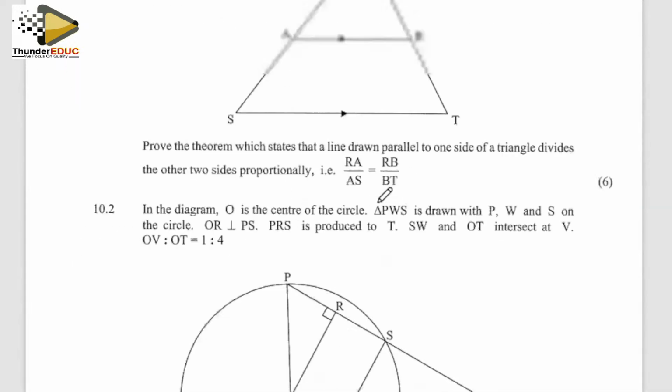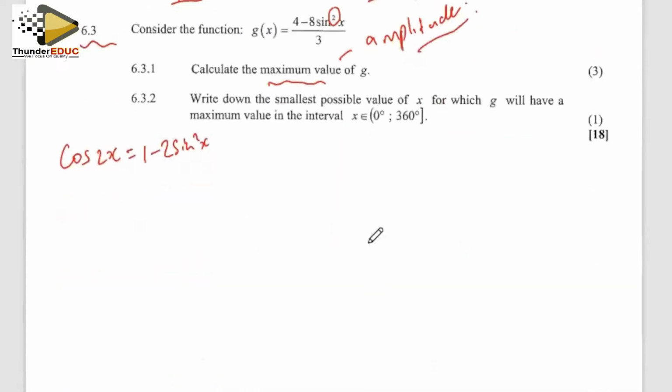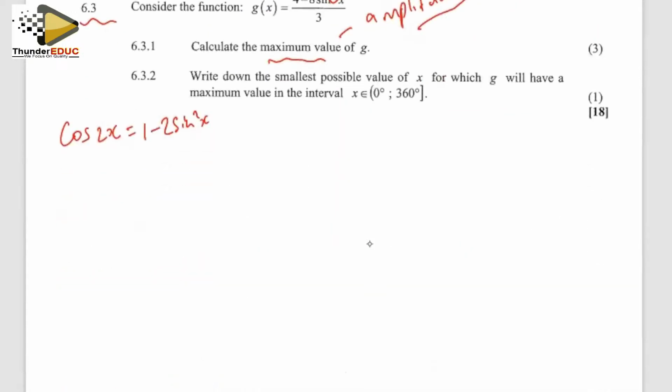Now, if that is true, I need to bring in the cos 2x into the picture, where there is sine squared, so I need to move this one that side, which is going to be 2 sine squared x is equal to 1 minus cos 2x.